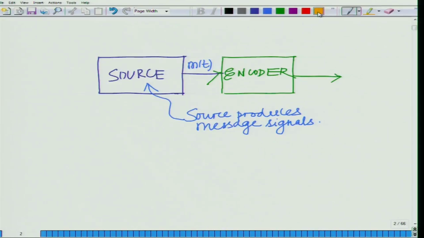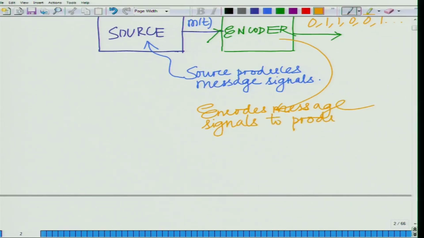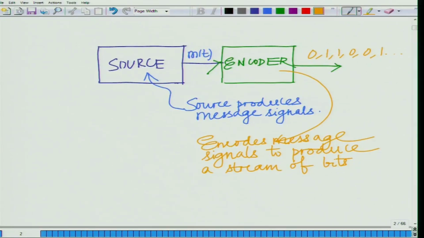The encoder encodes the message signals to produce a stream of bits, all right. We have shown here a typical stream of such bits.